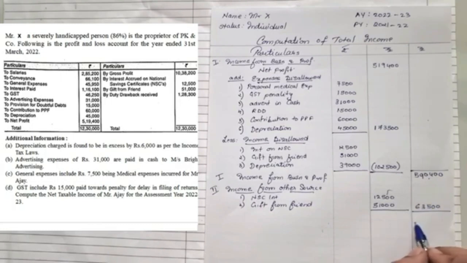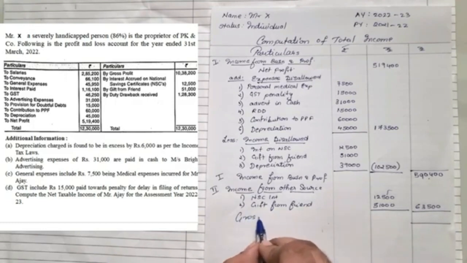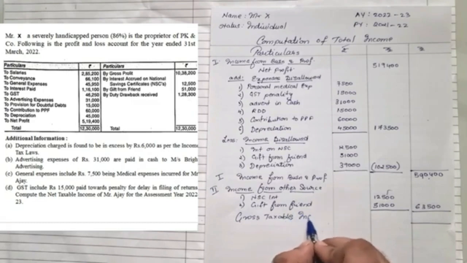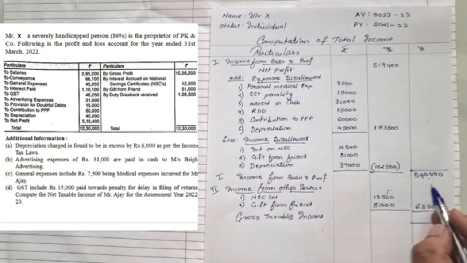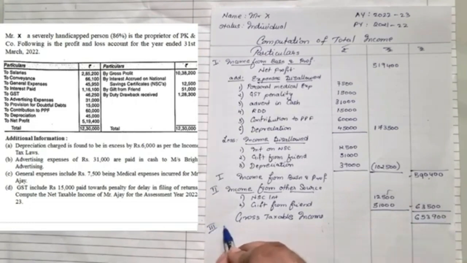When I add it up, I will get my gross taxable income. Which will come to income from business and profession plus income from other source, which will be total as 6,53,900. Last step, deductions. So deduction under chapter 6A.